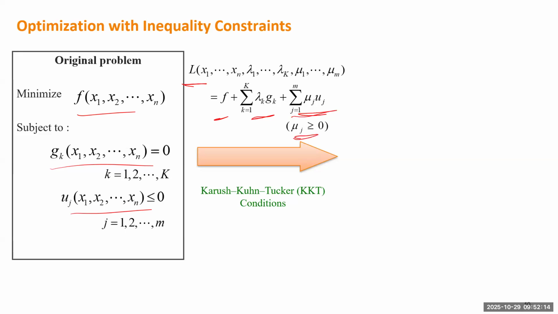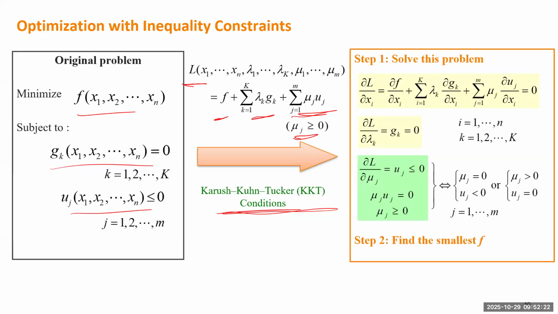We make sure the mu, the penalty, is non-negative. Then we introduce the KKT conditions, and we have a set of equations or inequalities to solve. Finally, we find the smallest f value from all the candidates.